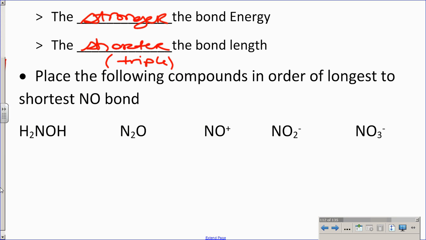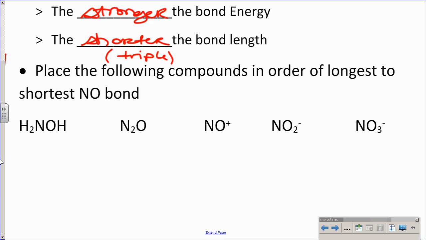Okay, what's your general procedure for doing your Lewis structures? First thing, count valence electrons. So 2 plus 5 plus 6 plus 1. I still do this. I've done this for years, like decades, and I still count my valence electrons.